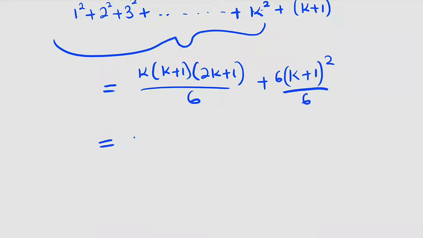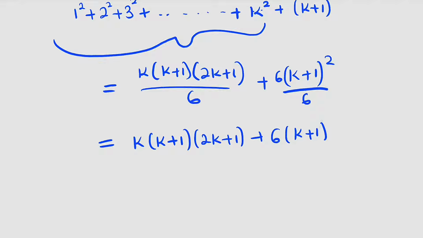This will give us k multiplied by k plus 1 multiplied by 2k plus 1, then plus 6 multiplied by k plus 1 all squared. The whole of this divided by 6. Now what we have to the top can be factorized because we have k plus 1 in common.